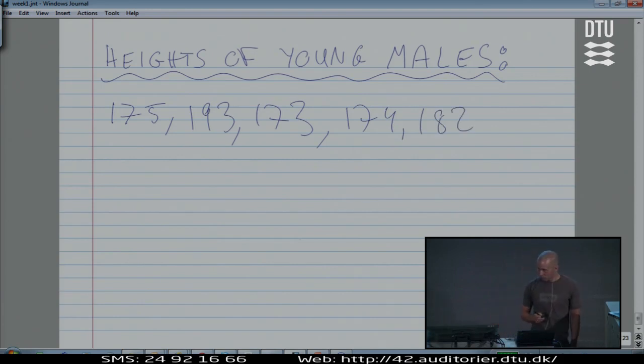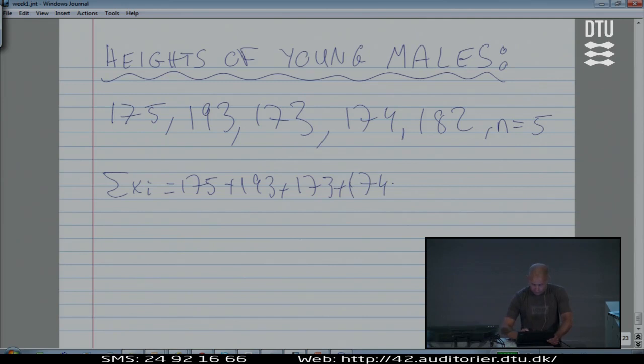We don't have all day. So we took a random sample of 5 persons. Let's see. Jeppe, can you help me with these numbers? Or don't you have time? No? The sum of these numbers would be 175 plus 193 plus 173 plus 174 and the plus, yes?